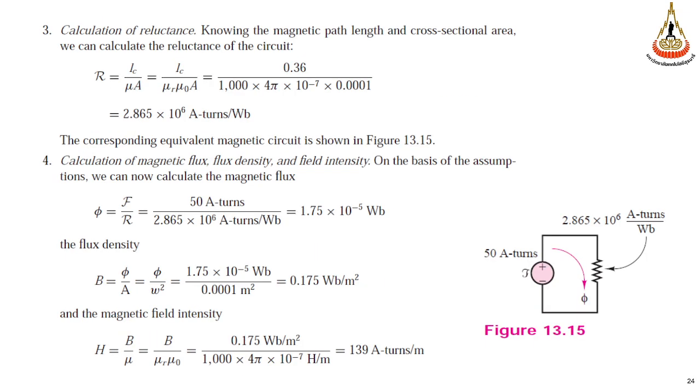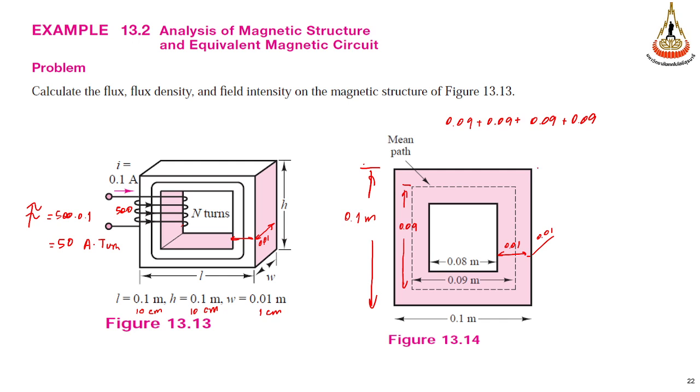Okay. So the reluctance will be L divided by mu A, right? How much for L? L would be 0.36. And A is 0.0001.